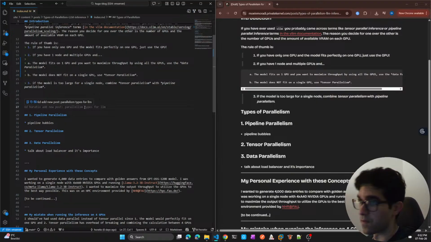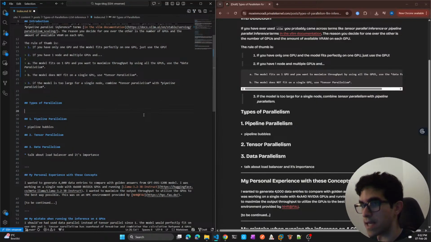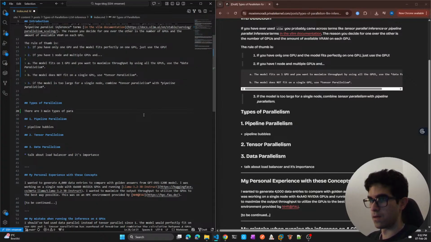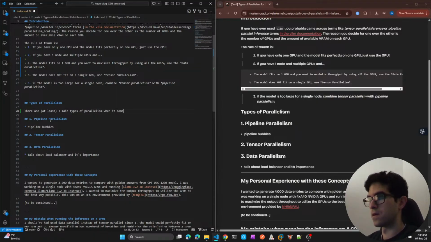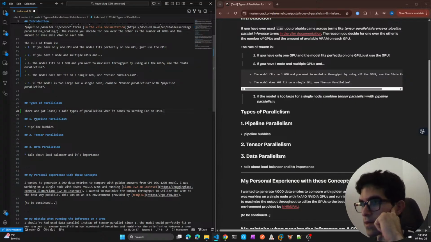So for the types of parallelism, I would like to say there are three main types, maybe at least, when it comes to serving LLMs on GPUs. Okay, the first one, the pipeline parallel.